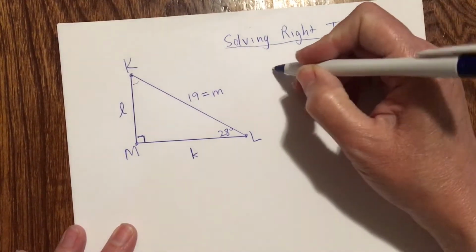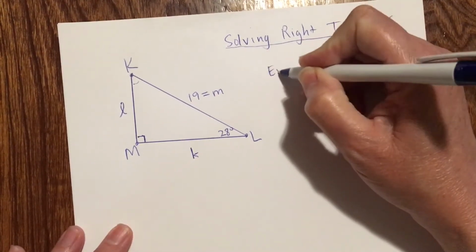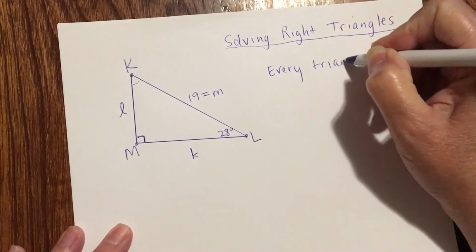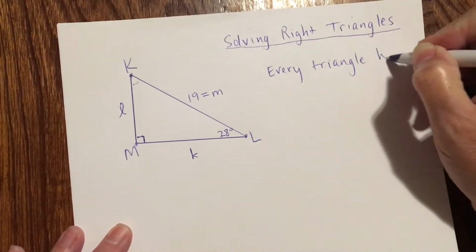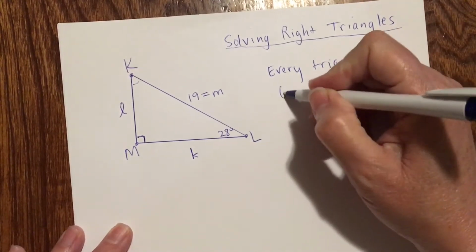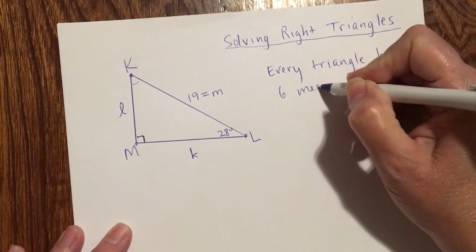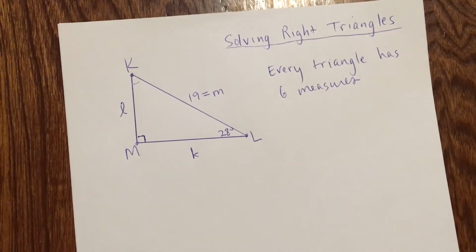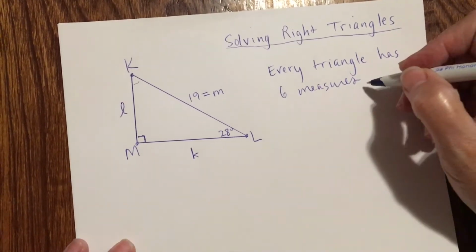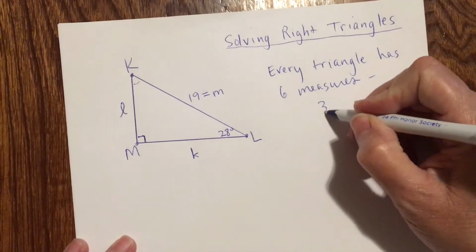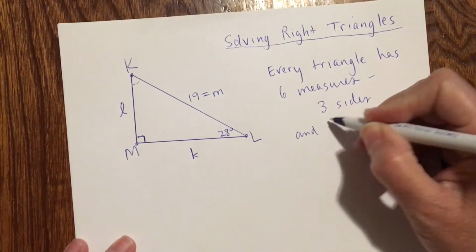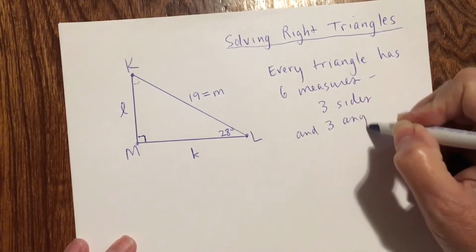It seems kind of silly, but I'm going to write it. Every triangle has 6 measures that we're talking about here. I have 3 sides and 3 angles.